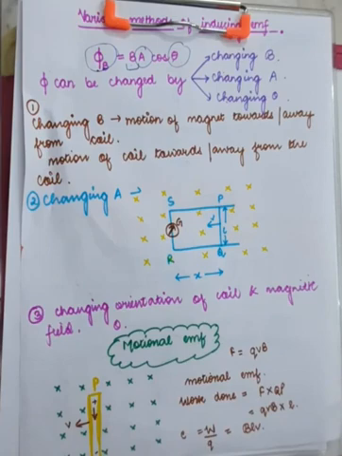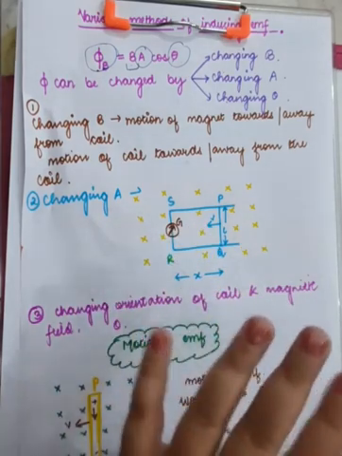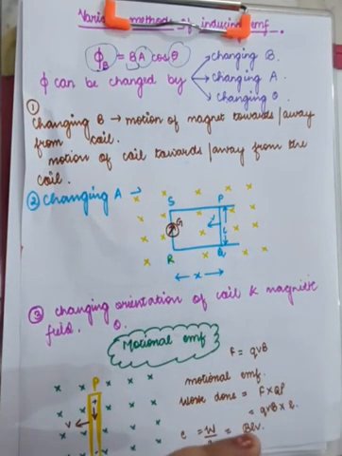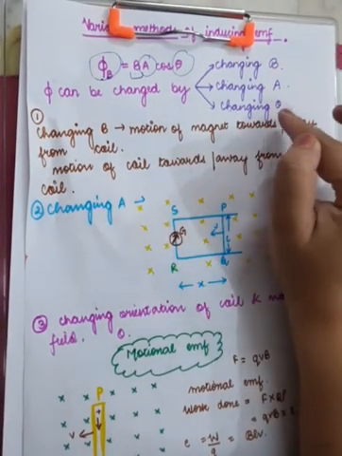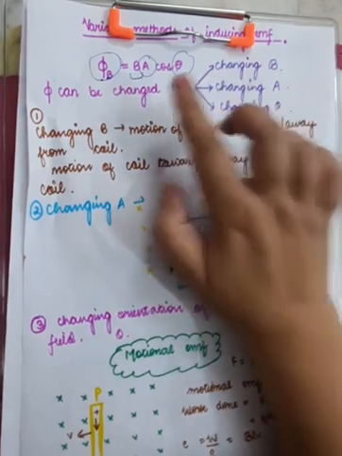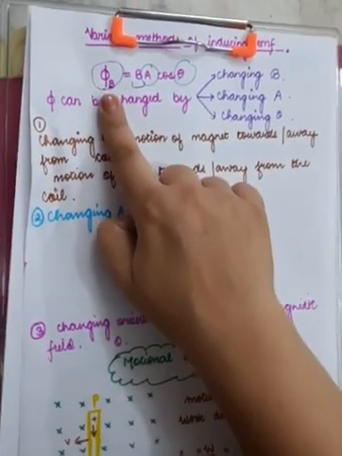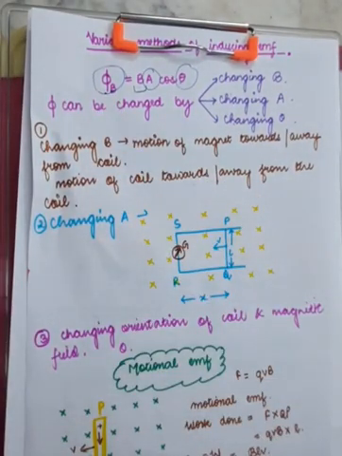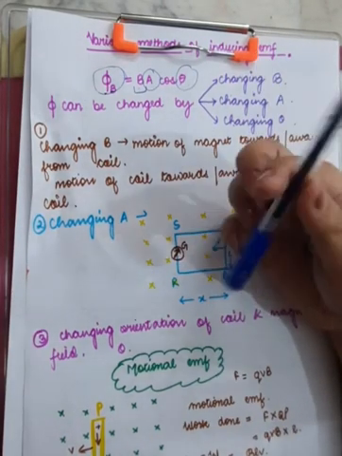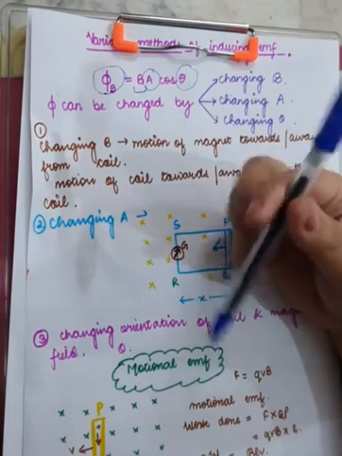Next is the phenomenon which is used in AC generators, DC generators. Now what are you seeing here? That when you change theta, you change magnetic flux. When you change magnetic flux, automatically in a circuit current will be induced. Suppose there is a coil which is made to rotate like in an AC generator.